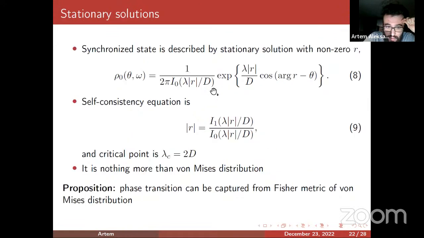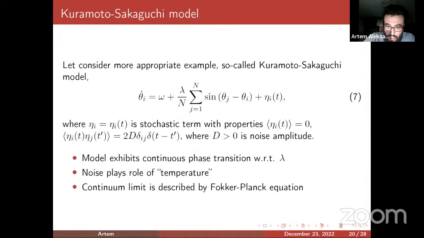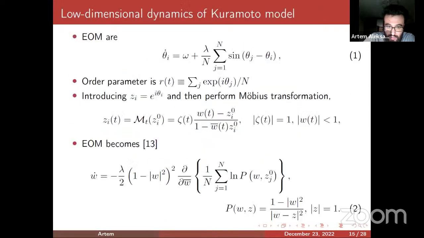Okay, let me comment on it. When I find the stationary solution, I substitute the stationary solution into the expression for the order parameter. So let me return to this slide.